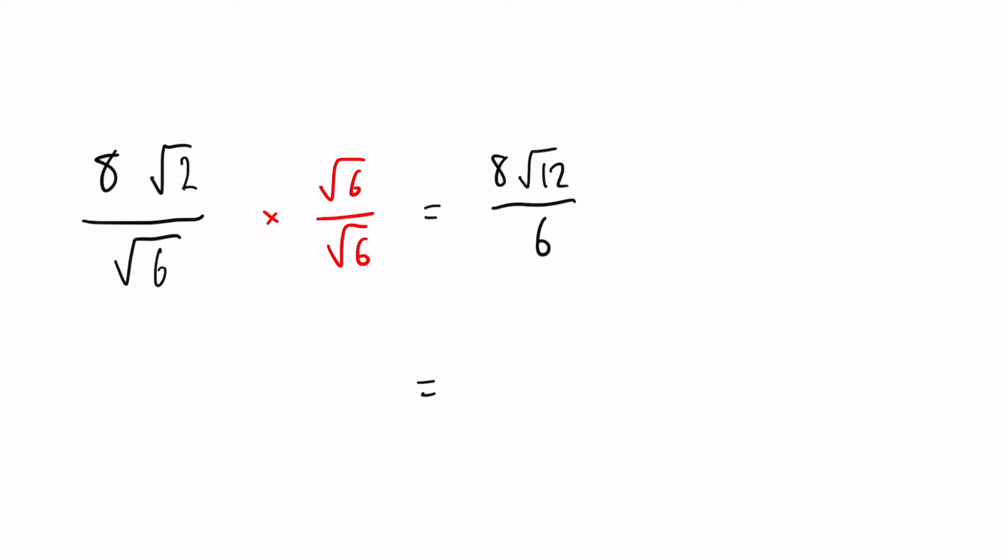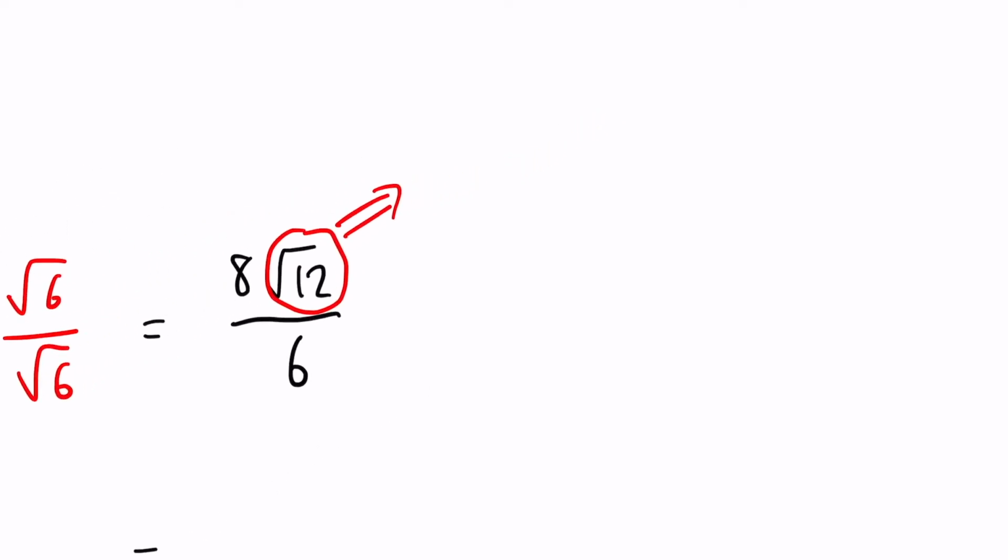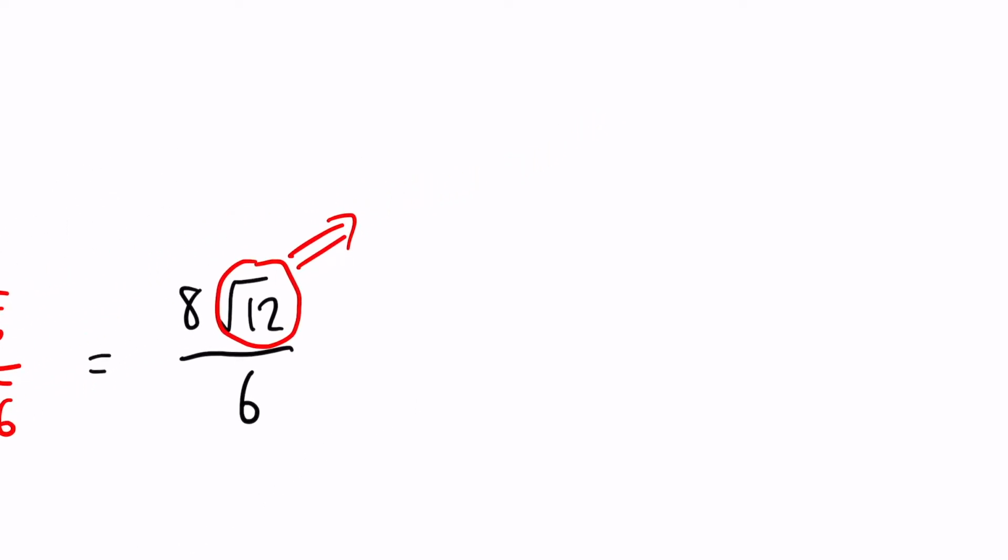Now we are able to simplify this. So the square root of 12, let's have a look at that. Again, the biggest square number that goes into 12 is 4. So we can say root 4 times root 3, and the square root of 4 is 2. So root 12 can go down to 2 root 3.